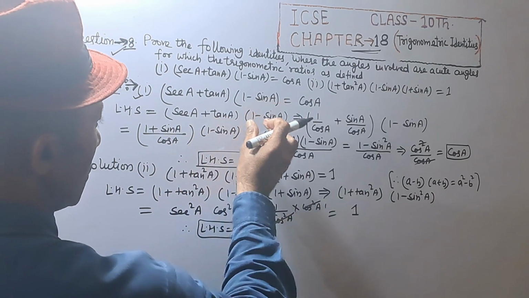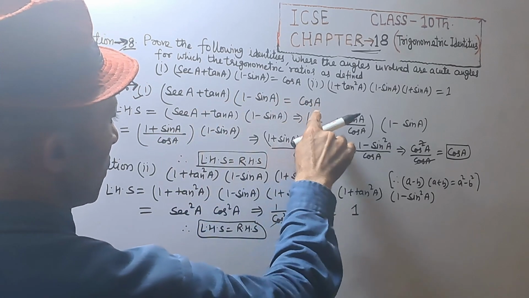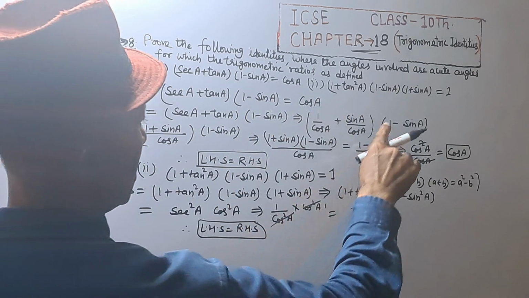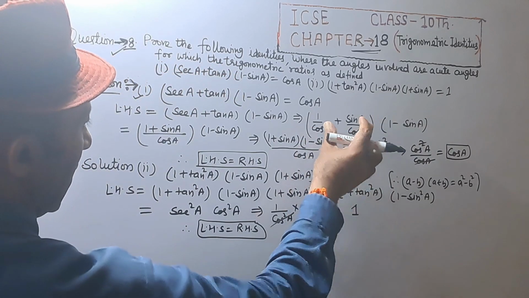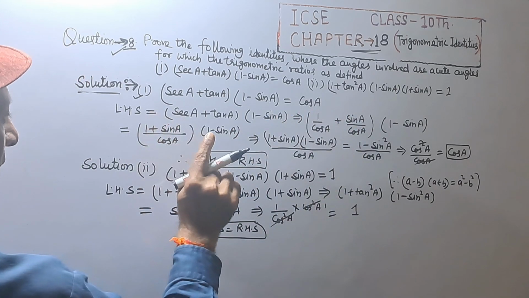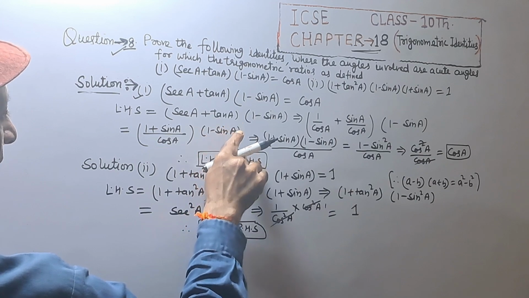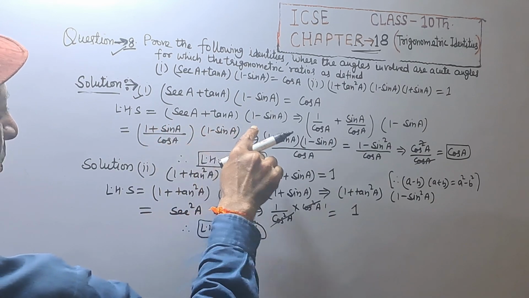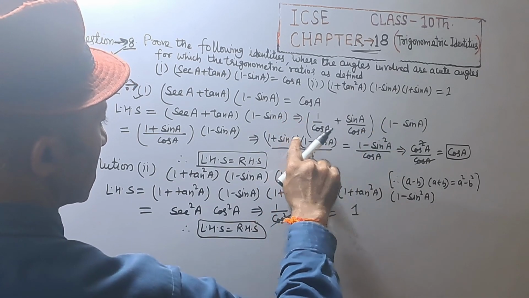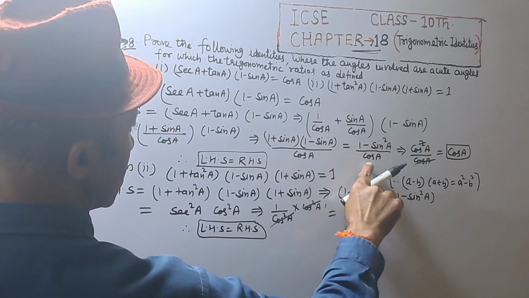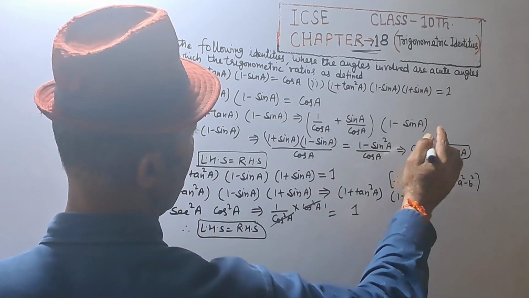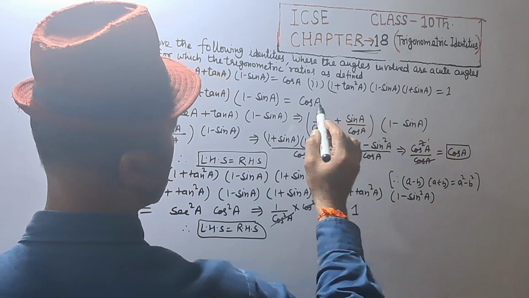Secant A is equal to 1 upon cos A, plus tan A is equal to sin A upon cos A, into 1 minus sin A. LCM is cos A and the numerator is 1 plus sin A into 1 minus sin A. A plus B into A minus B is equal to A square minus B square. 1 square is 1 minus sin square A divided by cos A. 1 minus sin square A is equal to cos square A. Cos square A upon cos A, one power is cancelled and we get cos A, that is our right hand side, hence proved.